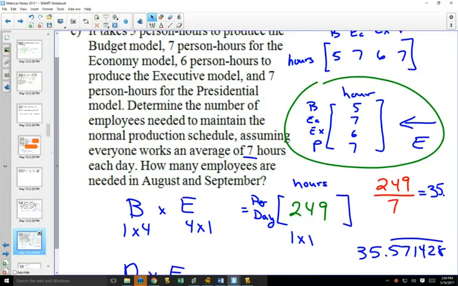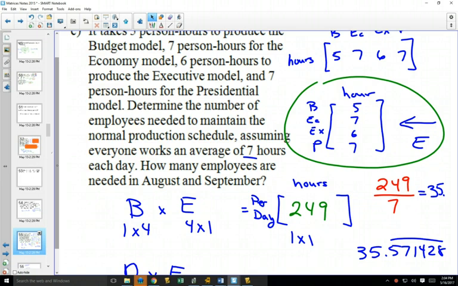And then when we multiply those out, again, this one stood for per day, this one stands for hours, and we get the total hours of people power that we need for those months in order to make them.